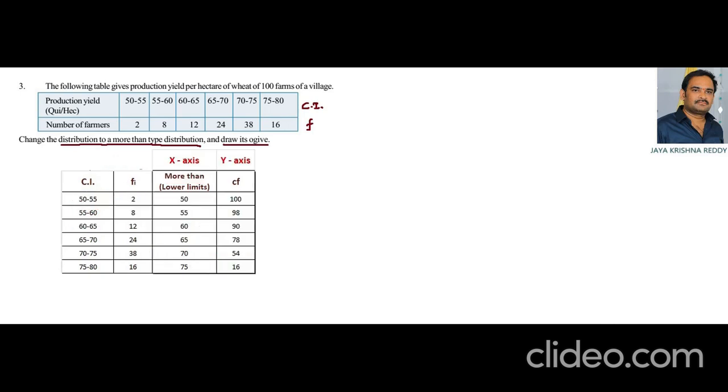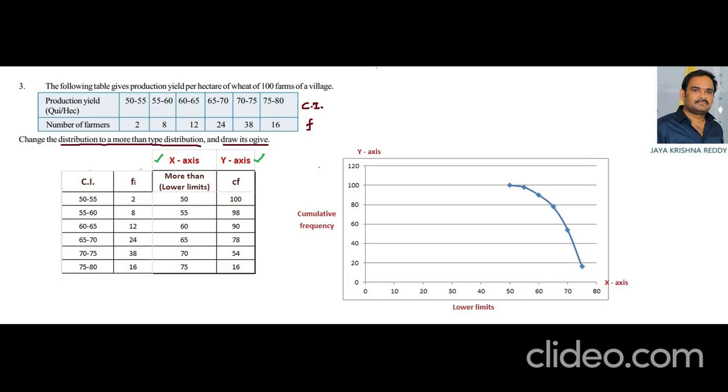To draw the more than type ogive, we have to take the lower limits of the class intervals on x-axis and cumulative frequency values on y-axis. This is the more than type ogive of the given data. On x-axis we have taken lower limit values, that means from the table you can observe 50, 55, 60, 65, 70 and 75, those values on the x-axis.